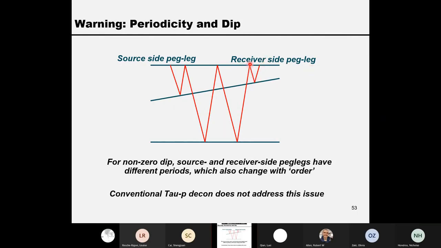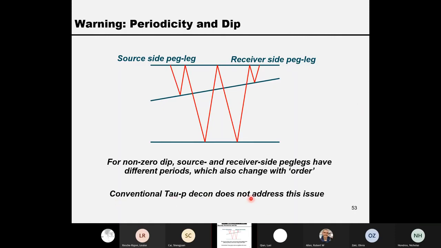And this multiple, this peg-leg and this peg-leg, they have a different time interval, different period. So the tau P deconvolution will not work for this case. Okay, so basically this model is isolated, but this model is not a 1D model. So tau P decon is only applicable in the 1D model.